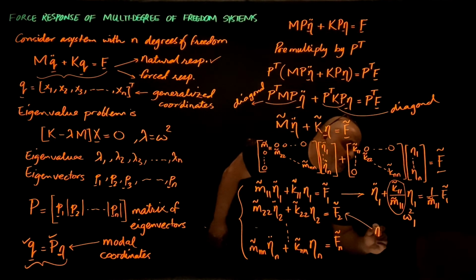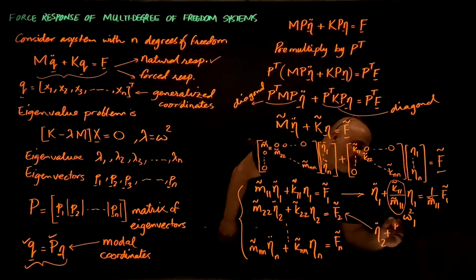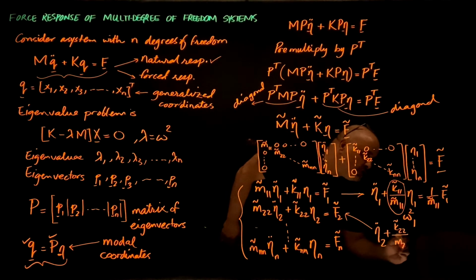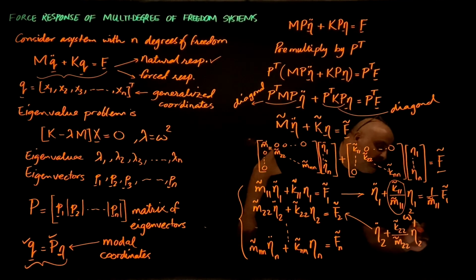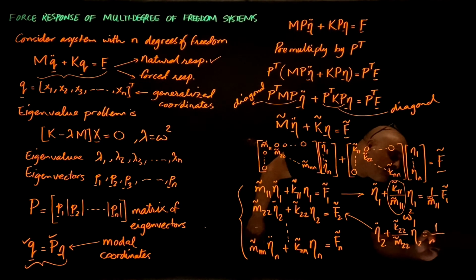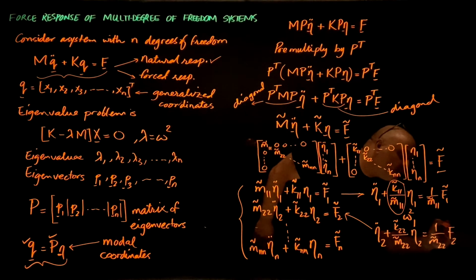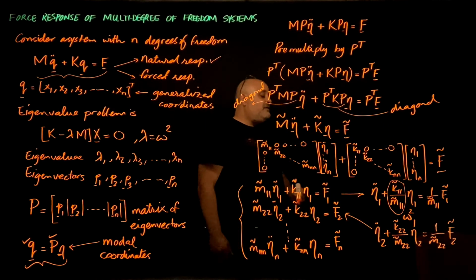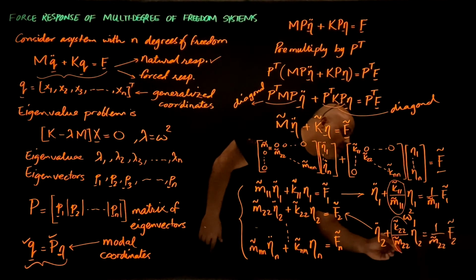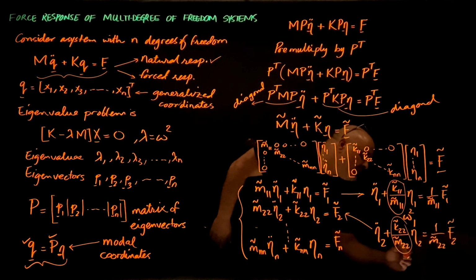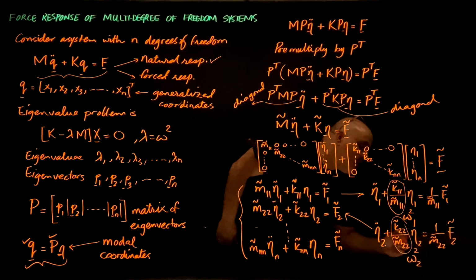Eta 2 double dot plus K22 tilde divided by M22 tilde eta 2 is equal to 1 over M22 tilde F2 tilde. And that's another single degree of freedom system with a different frequency, omega 2 squared.